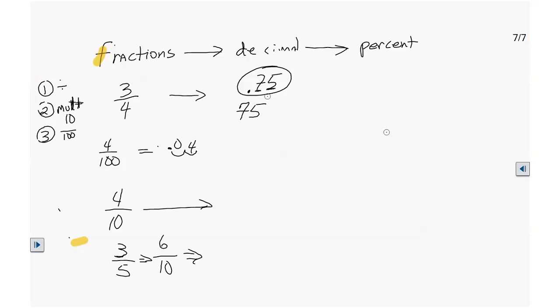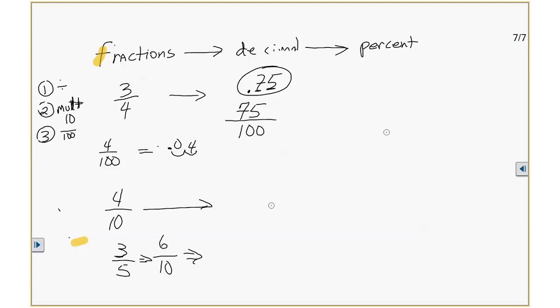Well, that's in the hundredths place, so that's 75 over 100. So I just went from a decimal to a fraction. Of course, you need to reduce, which would be 3 over 4. Well, there it is. So you look at the place value.